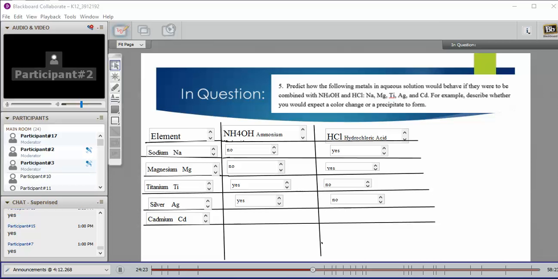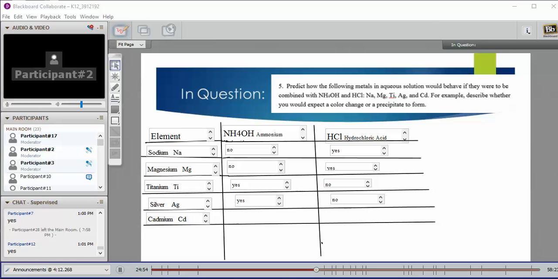Last one, cadmium, CD, cadmium. 15 seconds, people. Is it going to react with ammonium hydroxide?